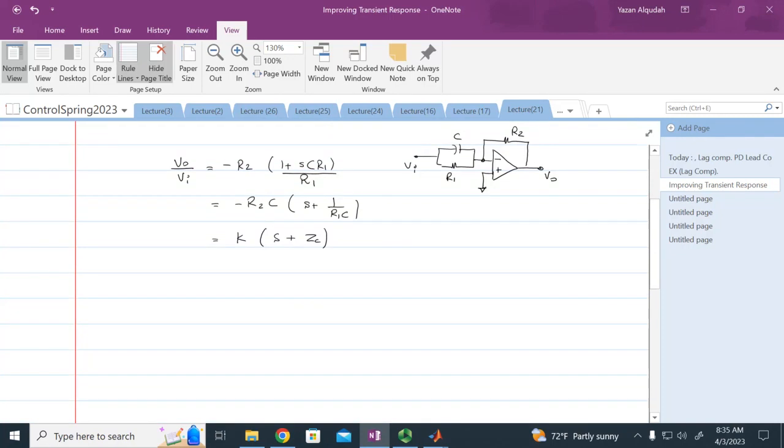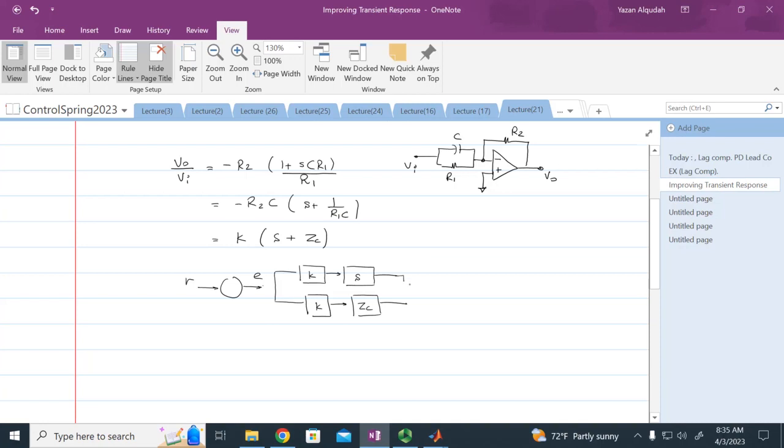Okay, so what are we doing with the proportional plus derivative? We're going to take our error signal. So this is our error signal, and what are we doing to this error signal? We're going to take it through a constant K, and then multiply it by S. We're going to take it through a K, and multiply it by ZC.